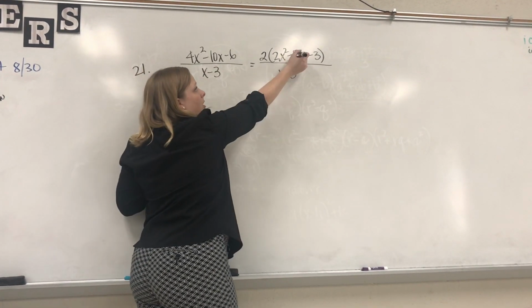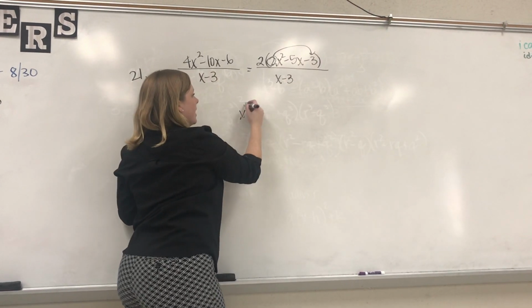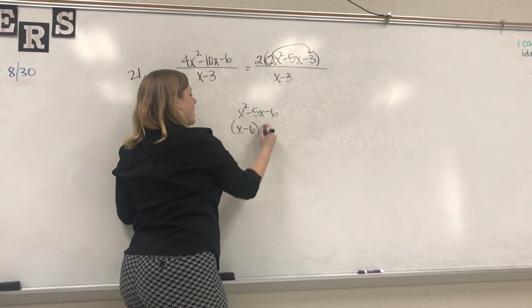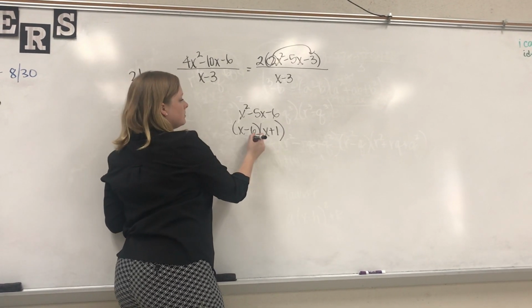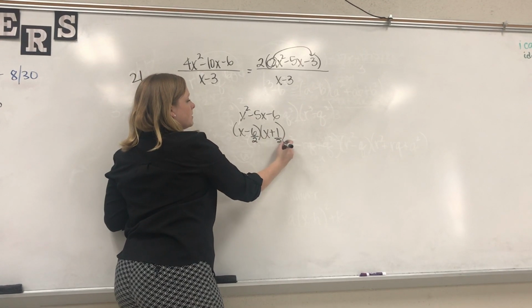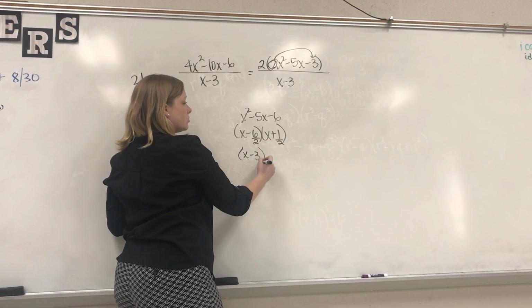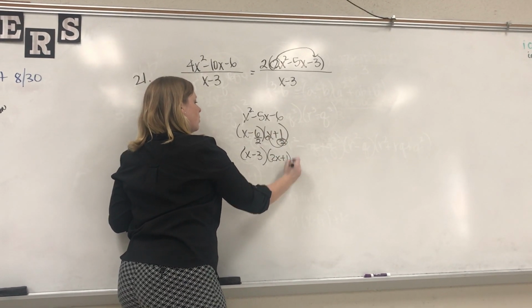Now I'm going to go ahead and bottoms up this. So I take 2, I multiply it by the back, and I get x squared minus 5x minus 6. Two numbers that multiply to negative 6 and add to negative 5 are going to be negative 6 and positive 1. I multiplied by 2 in the beginning, so I have to divide by 2 at the end. 6 divided by 2 is 3. 1 does not divide by 2, so I get 2x plus 1.